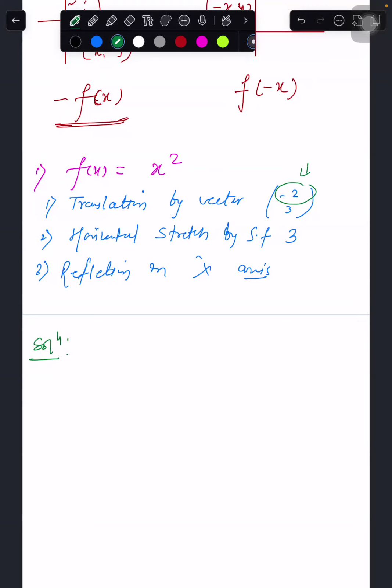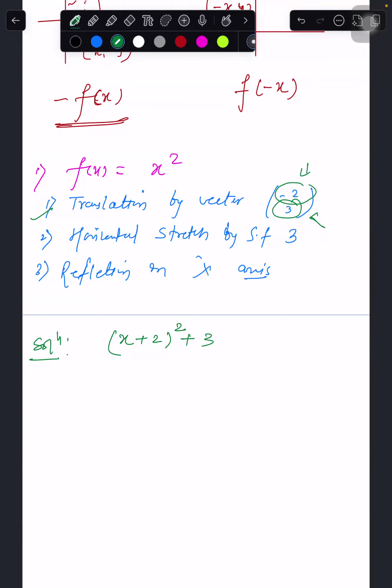Minus sign represents left, and the 3 here represents 3 units up. So the function will become what? You're moving 2 units to the left, so you have to write x plus 2, the whole square, and then you're moving 3 units up, so it will become plus 3. That is the function after doing the first transformation. Is it clear?